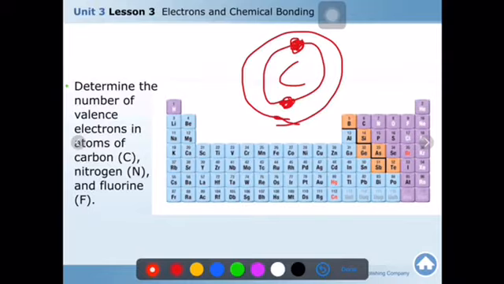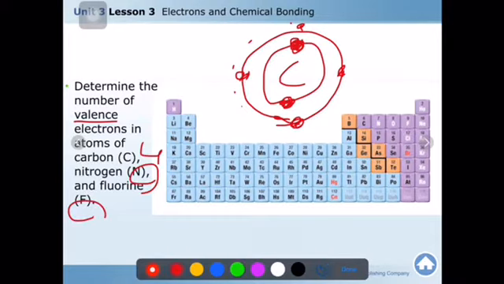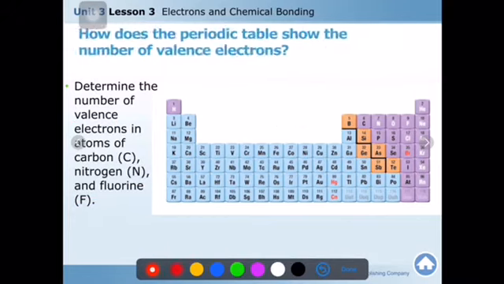How many remain? 4. 1, 2, 3, 4. You can see there are 4 electrons on the outermost layer of the carbon atom. That's why its valence electron count is 4. You will find nitrogen and fluorine and give the answer in group discussions.